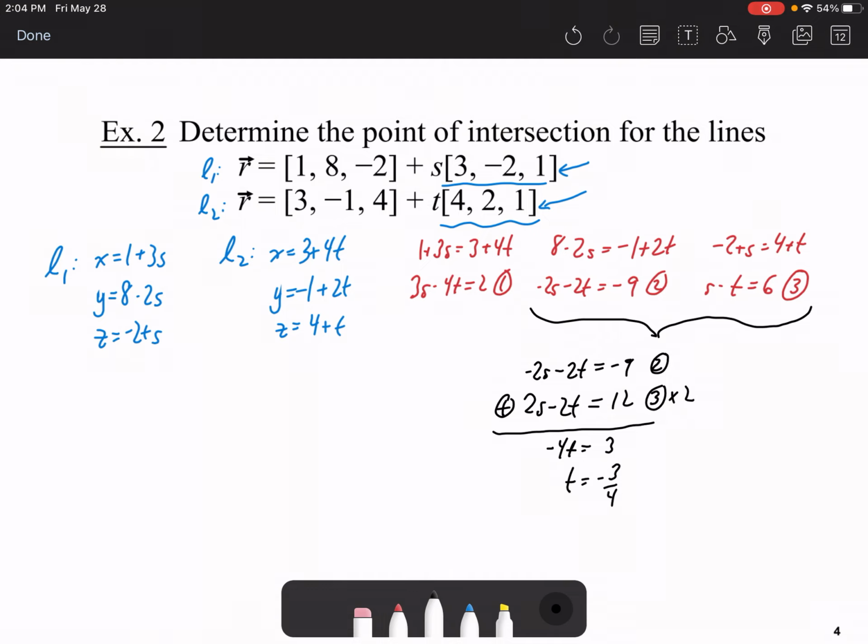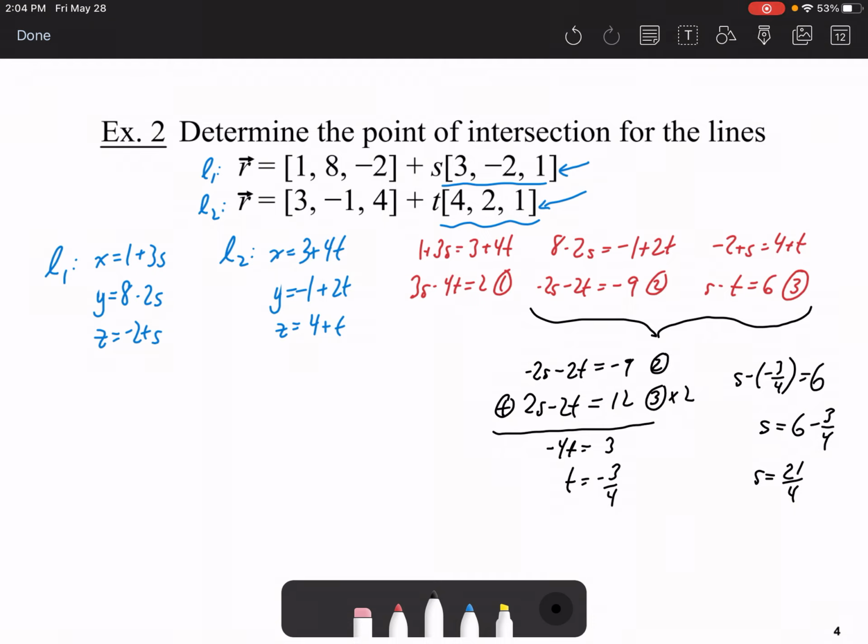So here I find my t value is -3/4. I'm going to solve for s. So I get a value of s as 21/4.